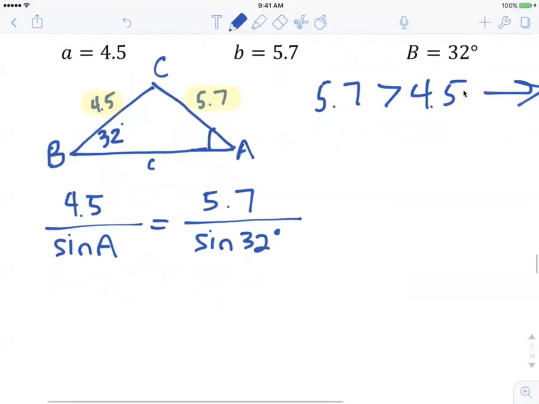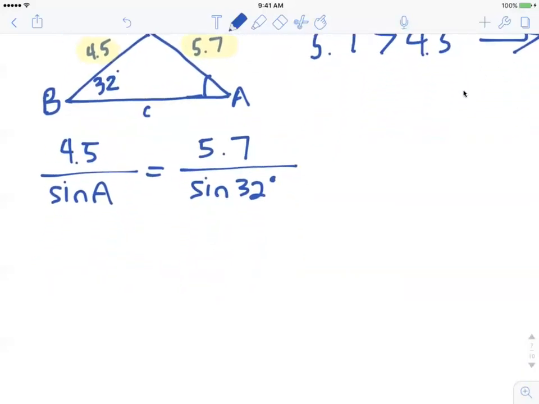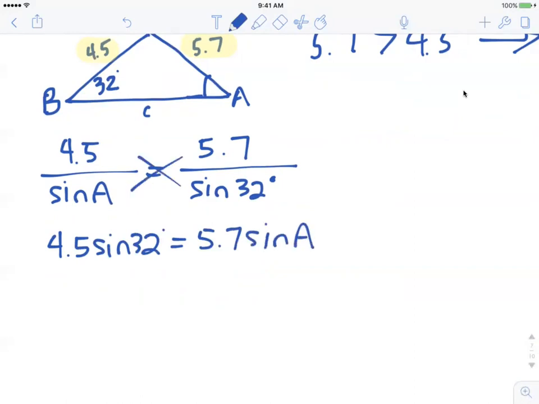And then to solve that, it's cross multiply, and then take the sine inverse of both sides. As you get used to these, you can do that all at once. But if you want me to take that additional step, I would have 4.5 sine 32 equals 5.7 sine A. It's just a cross multiply.